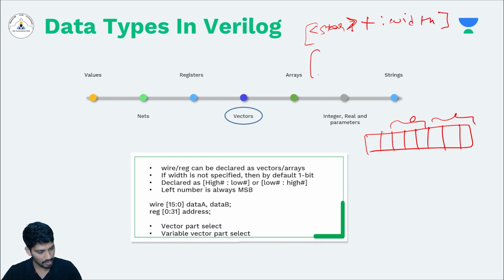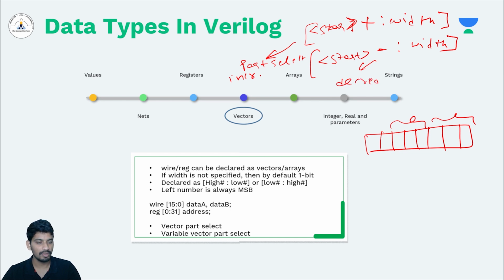And the other way is you define the starting value, minus, how much width you want. So this is called part select increment from starting value, and this is called part select decrement from starting value. So we will see how we can use those two.